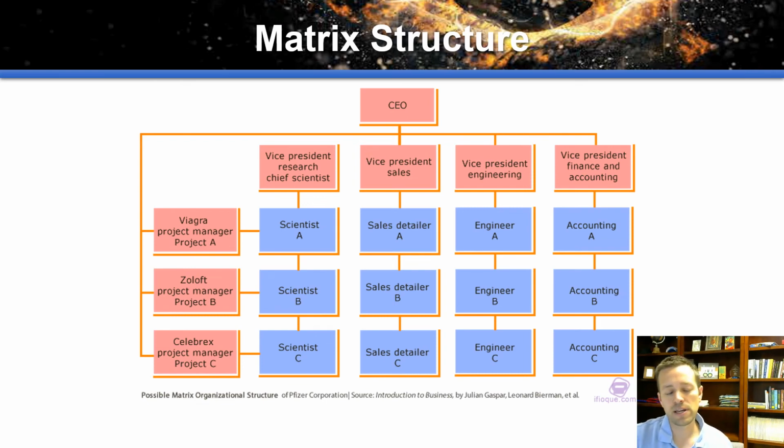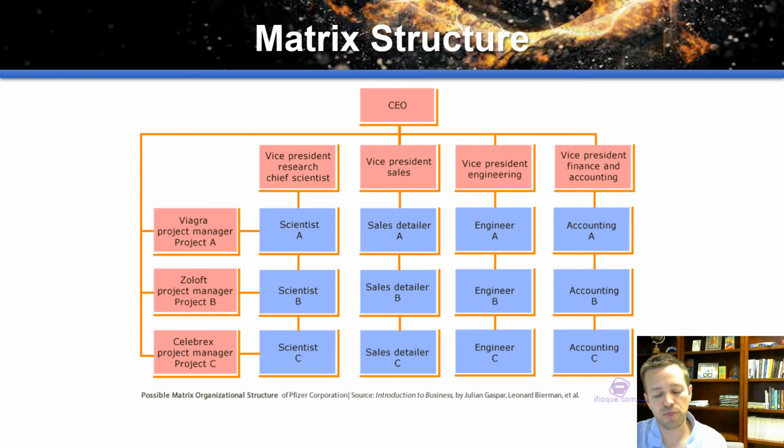Scientist A needs to communicate and needs to have knowledge that comes from the project manager for this product. They also need to have a good relationship with the head of R&D, the chief scientist. Both of those things are true. So by setting things up in a matrix, we can solve that problem.